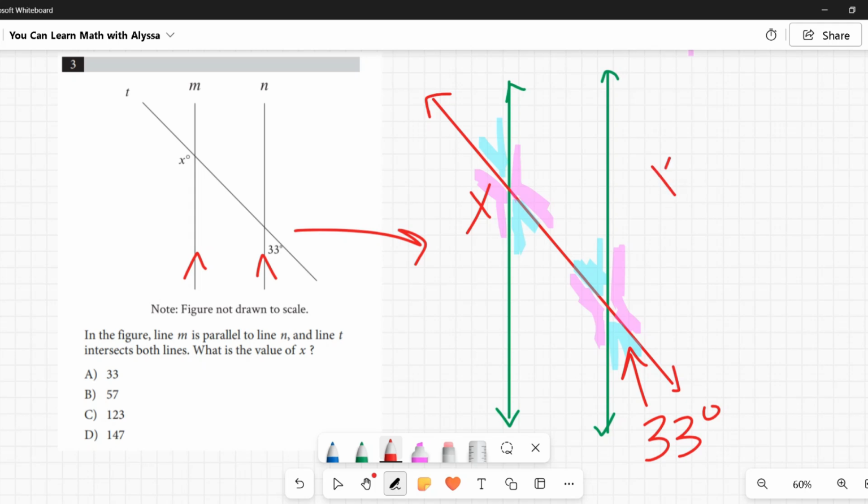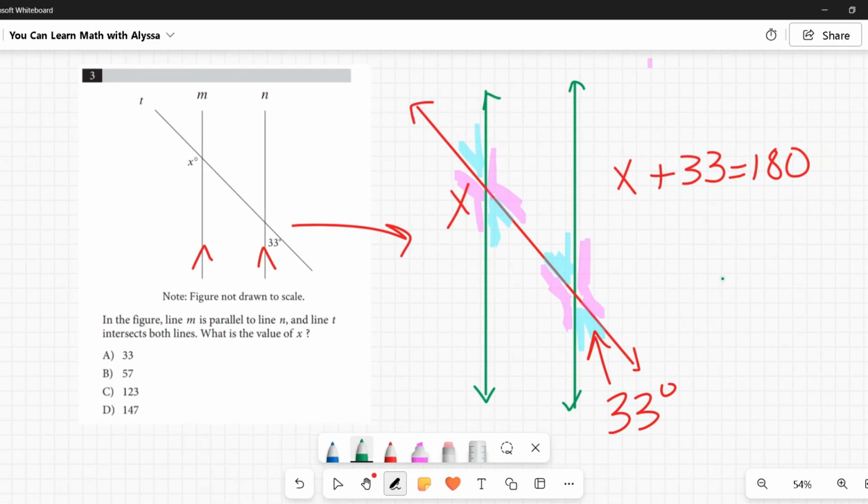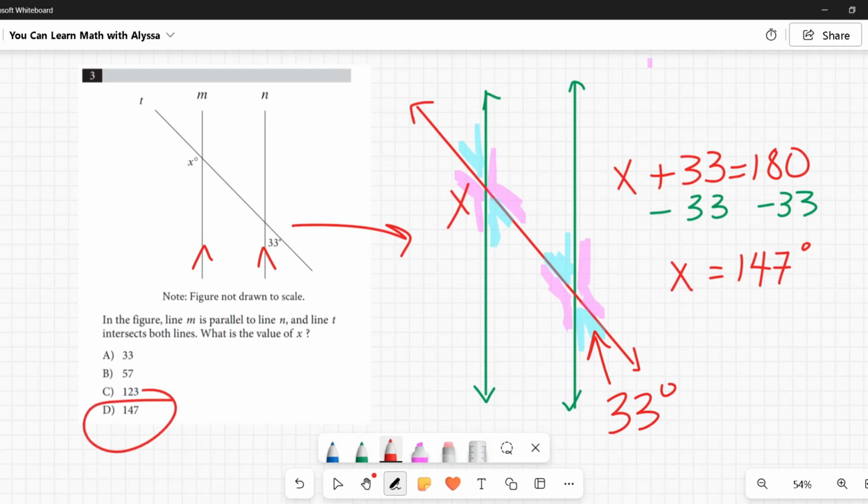Together, they add up to 180 degrees. Since x plus 33 is 180 degrees, I need to undo what's been done to x. 33 has been added, so we subtract 33 from both sides, and we get that x is equal to 147 degrees, and that means my answer is D.